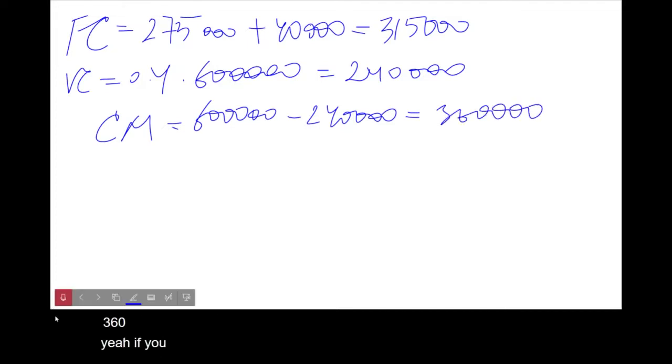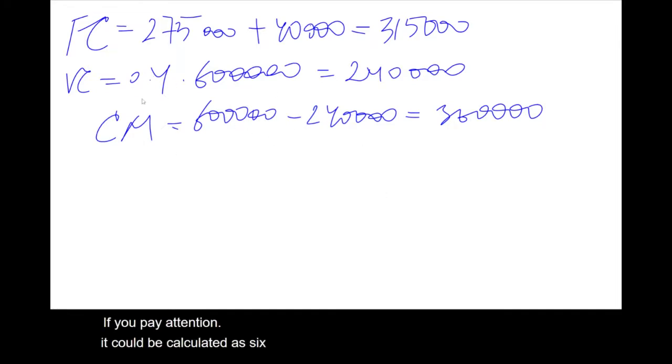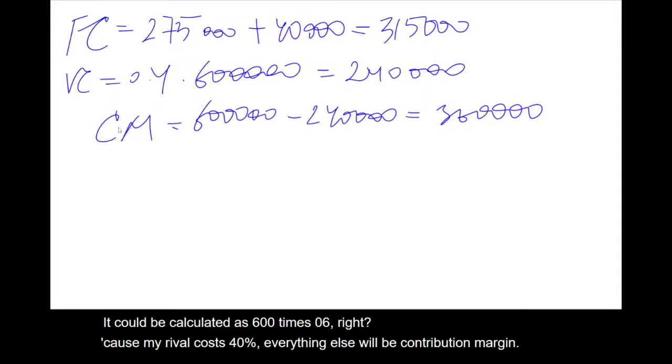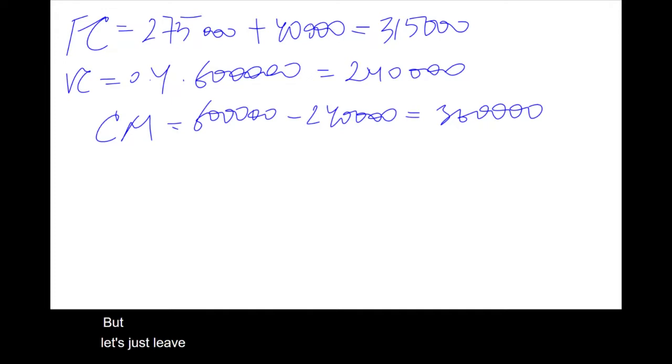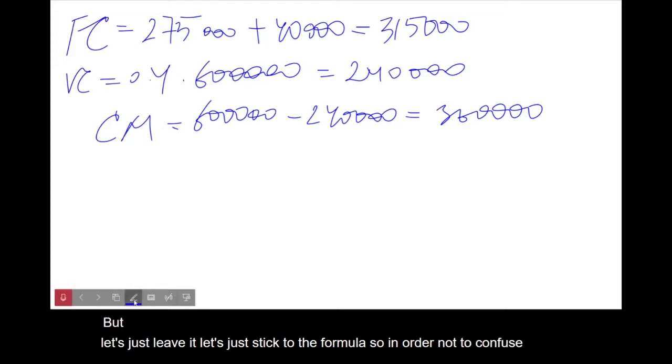If you pay attention, it could be calculated as 600 times 0.6, right? Because variable cost is 40%, everything else will be contribution margin. But let's just stick to the formula, in order not to confuse anybody.